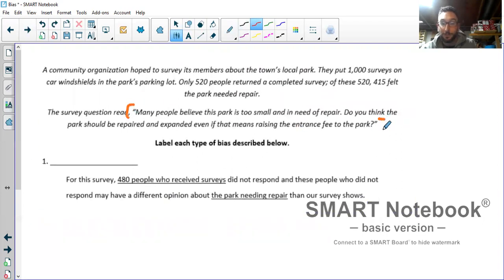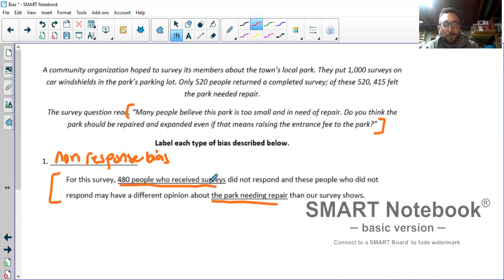So what you should do is read this and try to decide. I mean, you could tell me, but I can't hear you. What kind of bias is this? And hopefully you decided. Pause it if you didn't yet. Try non-response bias. The reason you see some underlining here is I've tried to write this so you could just change the blanks.